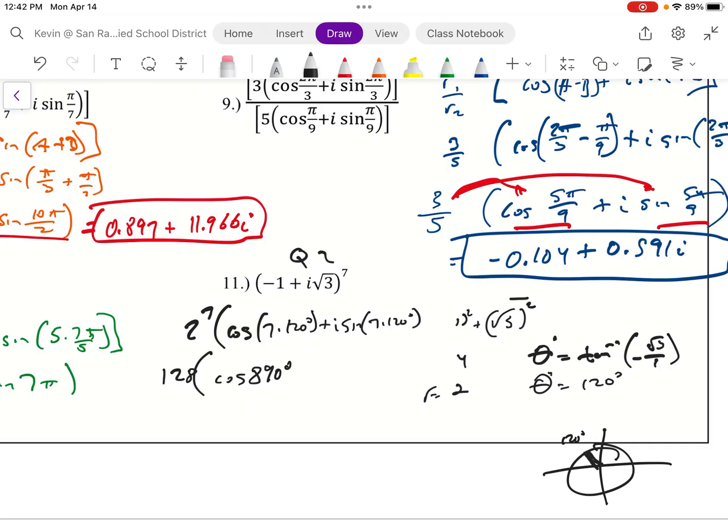So 128 cosine of 90 degrees. This is 1/2.